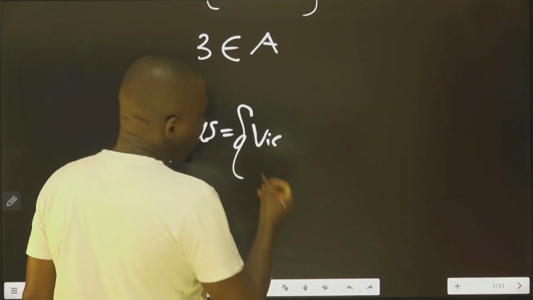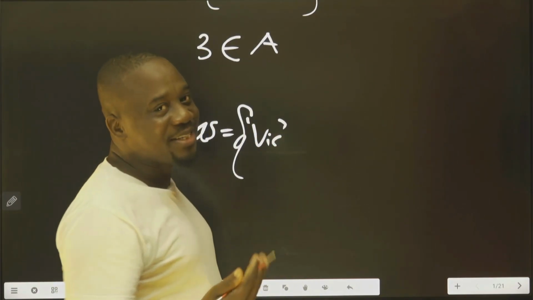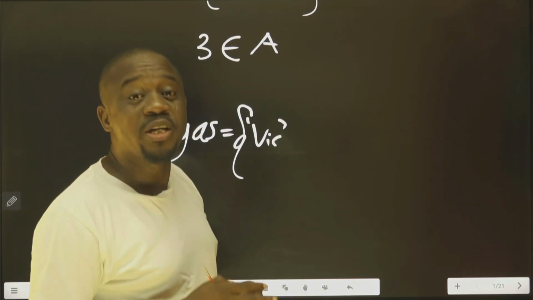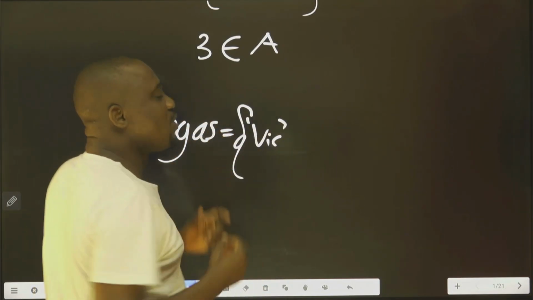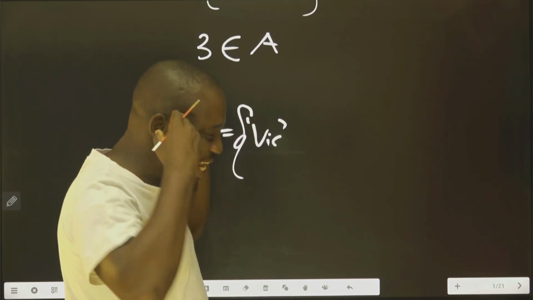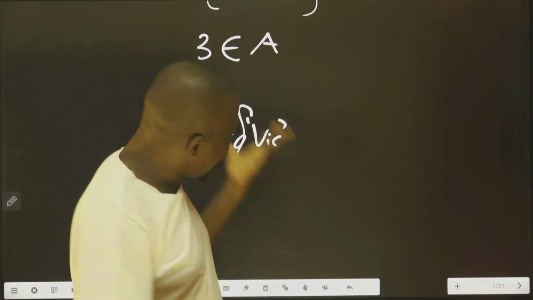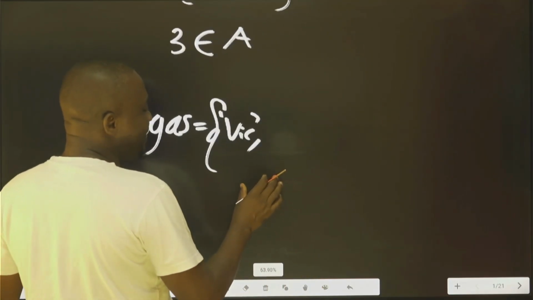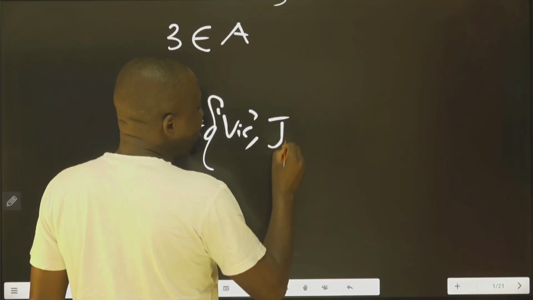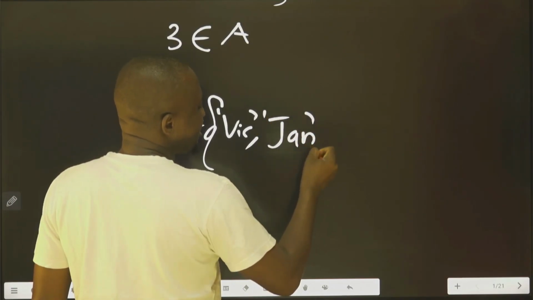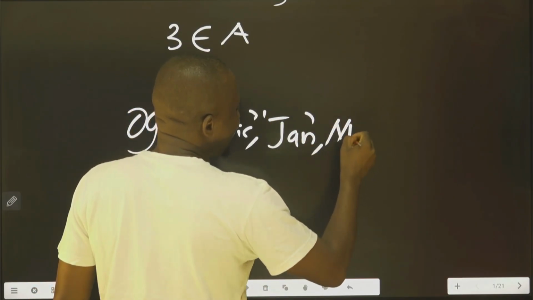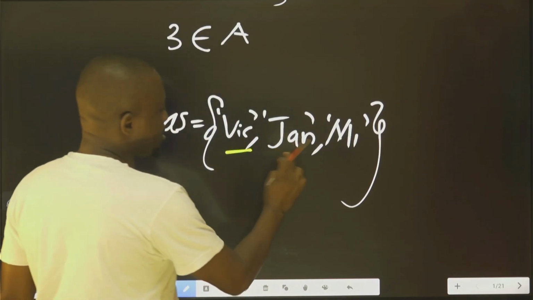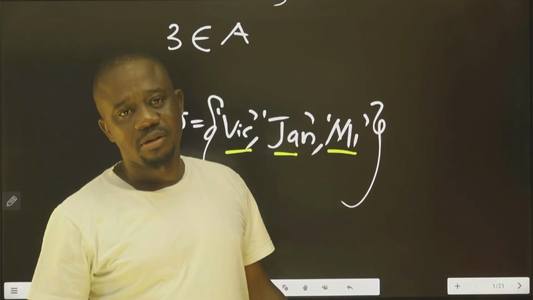If I put this now, it's like I'm writing a program. If you are doing coding, you must put... I'm thinking that I'm doing programming. Okay, let's just follow it like that. Say this is Vicky, I'm just shortening it. This is Jane. This is Mike. This is what? A string in programming.